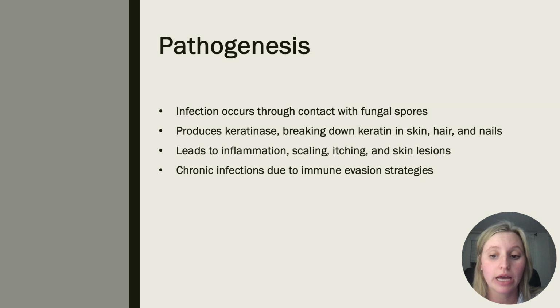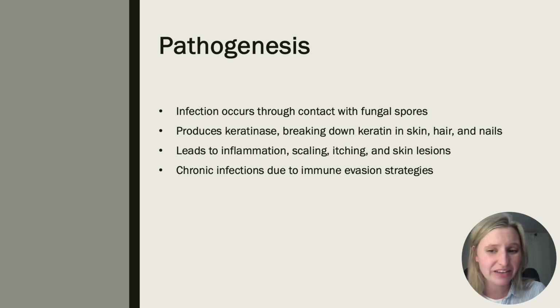Now, chronic infection and immune evasion. These fungi can persist for a long time because they evade the immune system by modifying their surface proteins. In extreme chronic cases, the body's immune response is unable to clear the infection completely, leading to recurrent or persistent skin lesions.